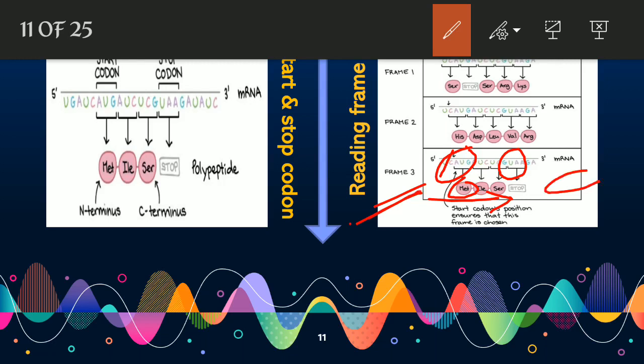So in frame 3 we get a proper protein. Through this diagram they indicate that the start codon's position ensures that the proper frame is chosen. That is, a start codon is very important for us to get a proper protein.